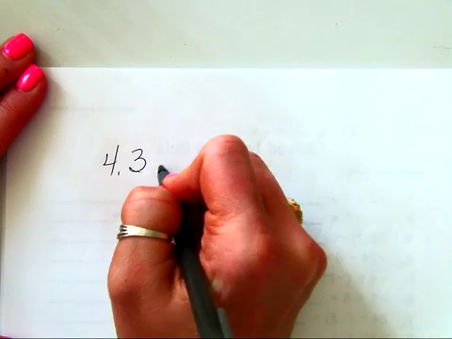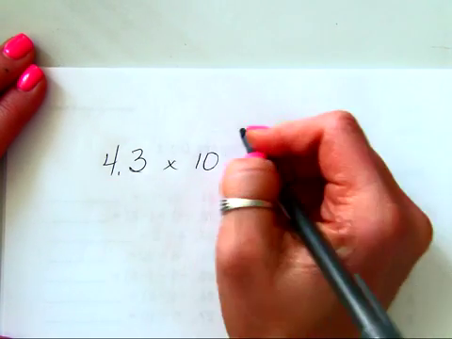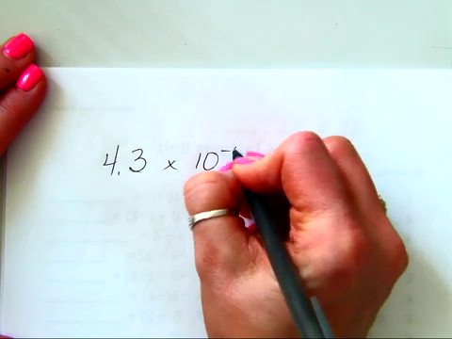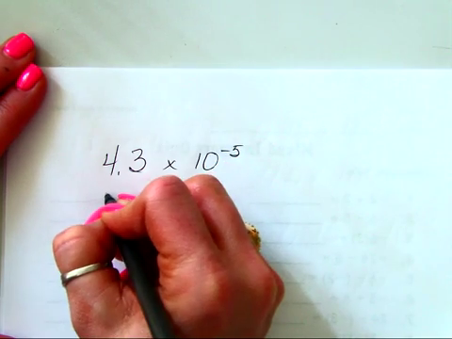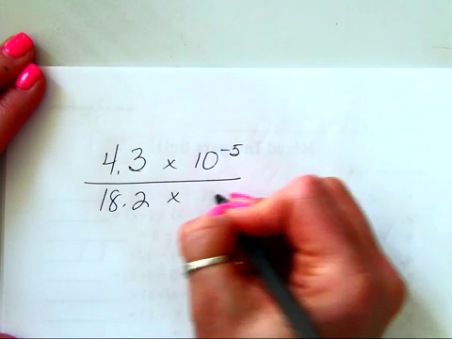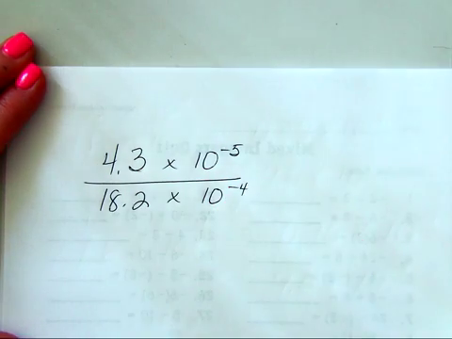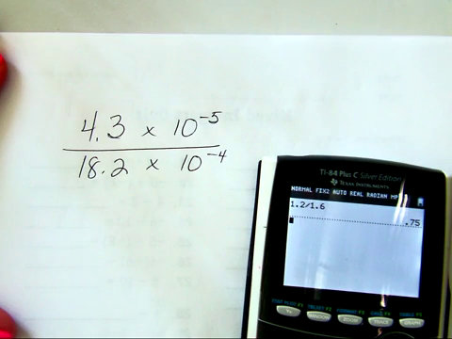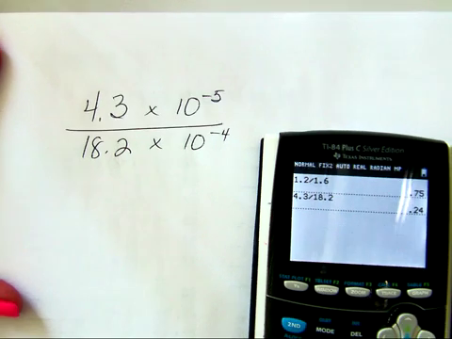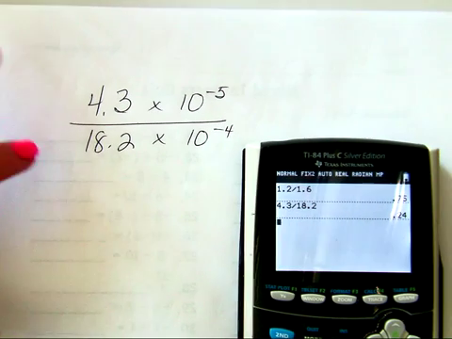Okay, so let's have you try this one. 4.3 times 10 to the negative fifth, and divide that by 18.2 times 10 to the negative fourth. I will be nice and do the division problem for you so you don't have to get up. It's easy, guys.